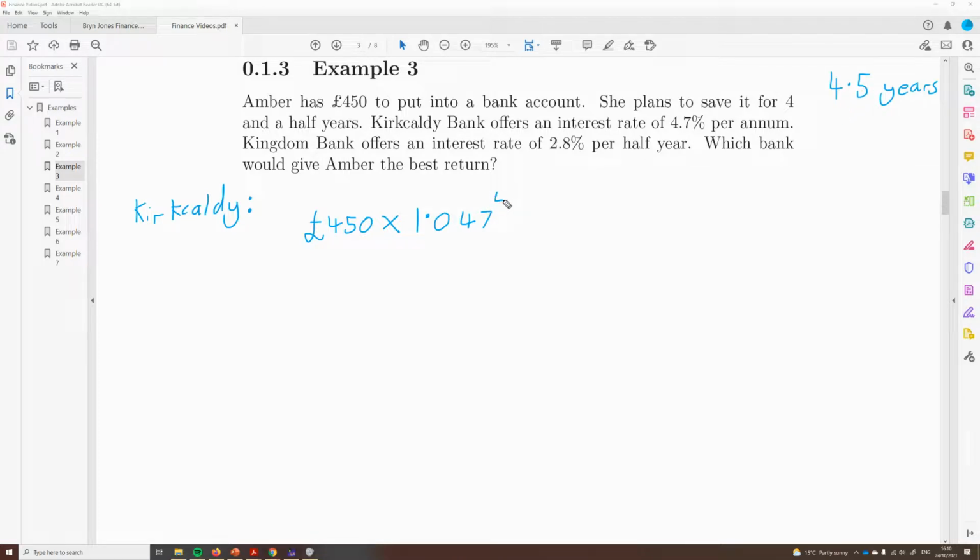So this would actually be 4.5. This is relatively straightforward to work out, I think. £450 times 1.047 to the power of 4.5. So Amber's going to end up, if she uses Kirkcaldy Bank, with £553.32. That's what she gets.